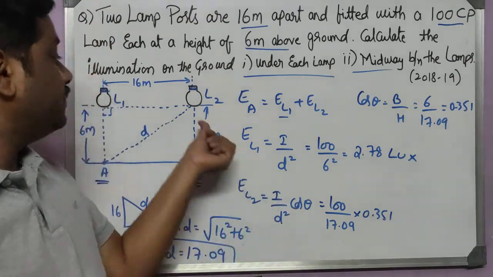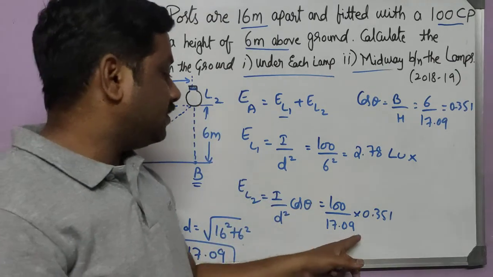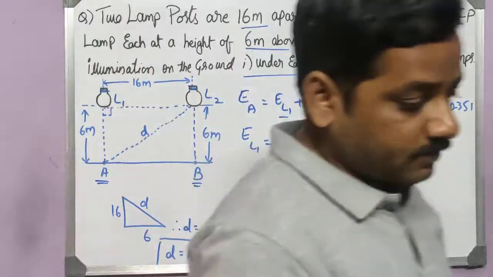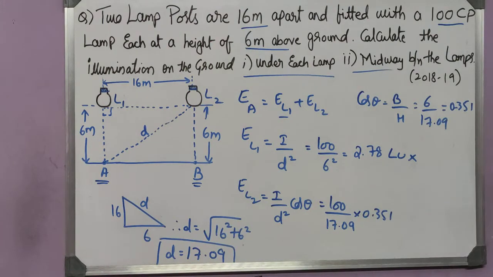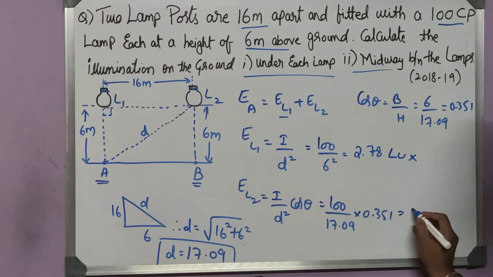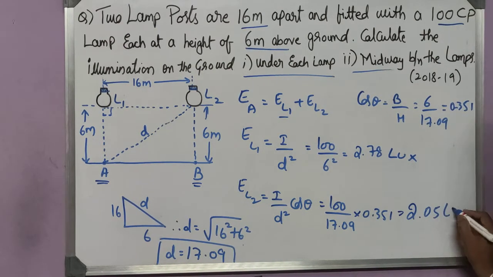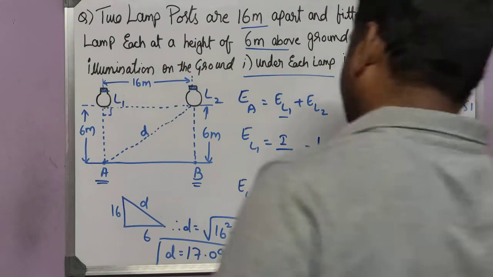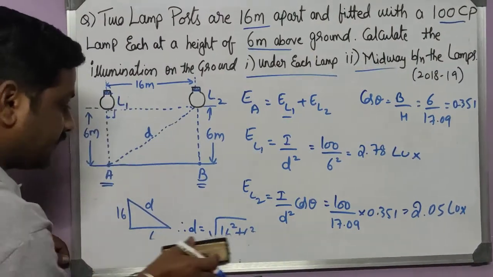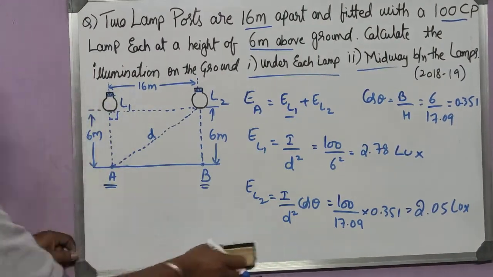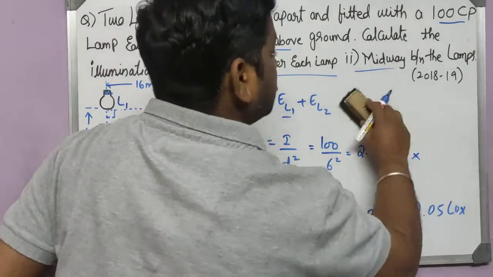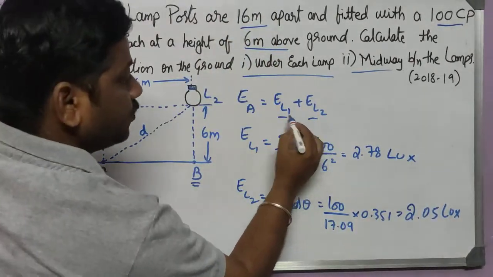This applies only if you get an angle, right? So now after simplifying this, we get a value for EL2, that is the illumination because of lamp 2. That would be 2.05 lux. Okay, so let me erase this and write the answer for what we actually got here. So we got both the values.